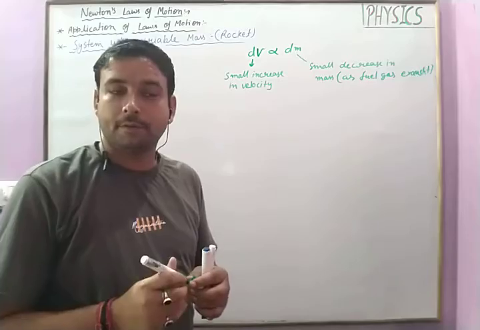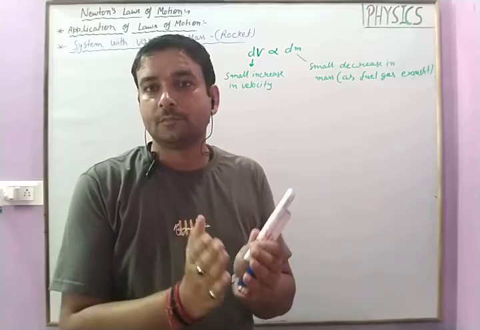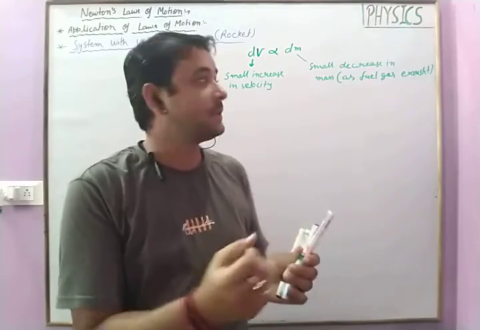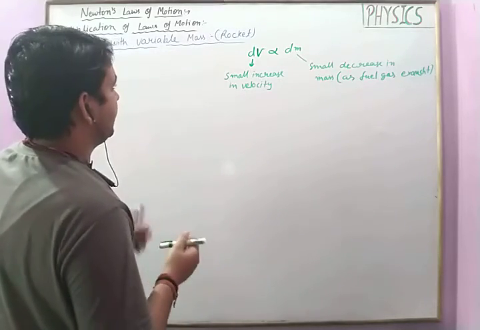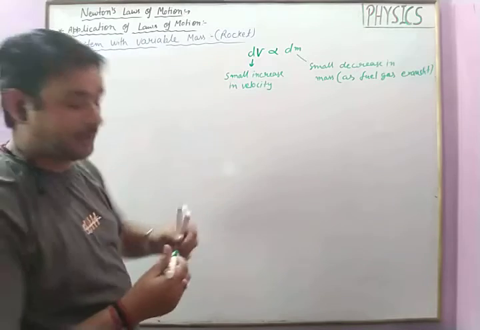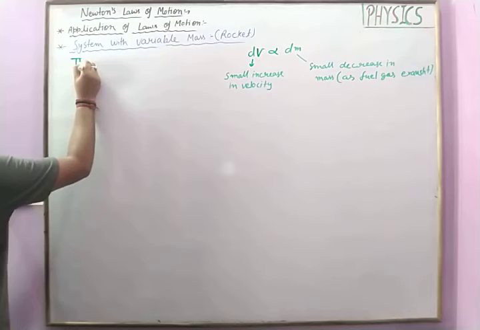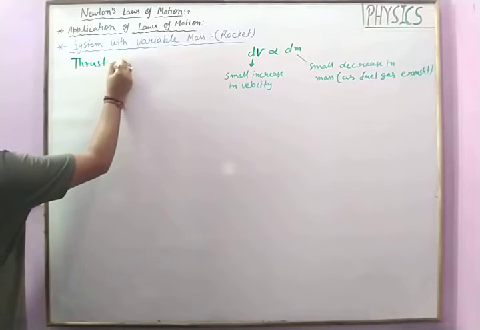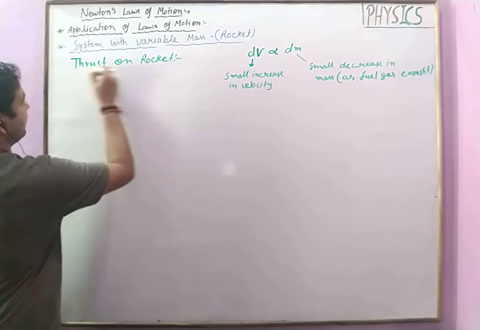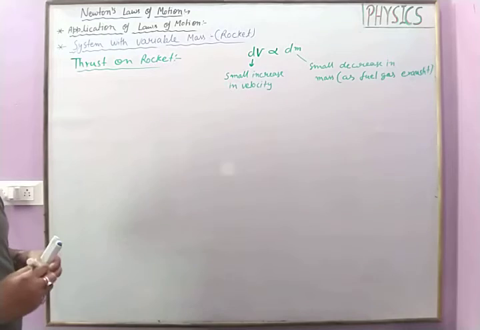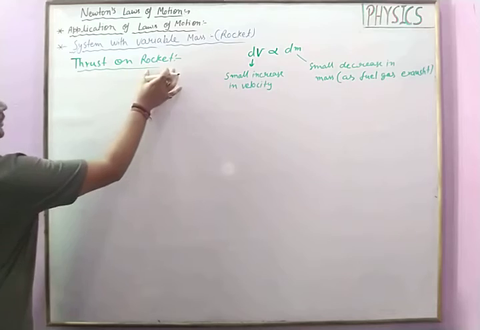Okay, as fuel exhausts, in our syllabus we have the thrust on rocket, which is equal to the gain in velocity, that is thrust in upward direction. So we use here thrust on rocket. What is thrust?